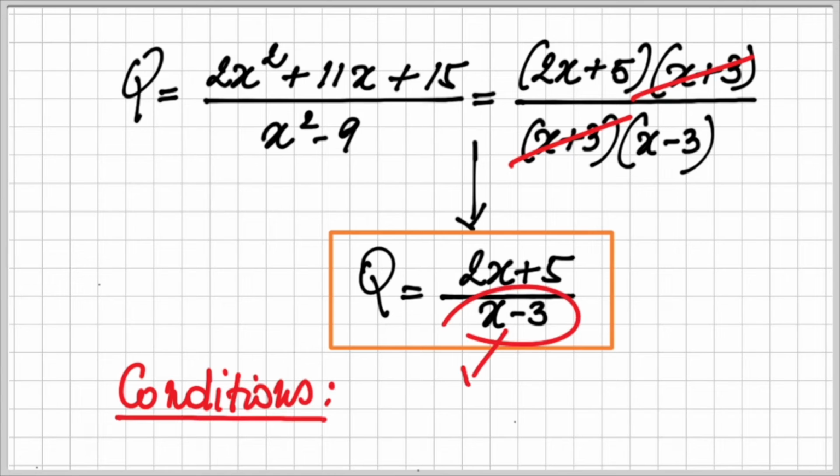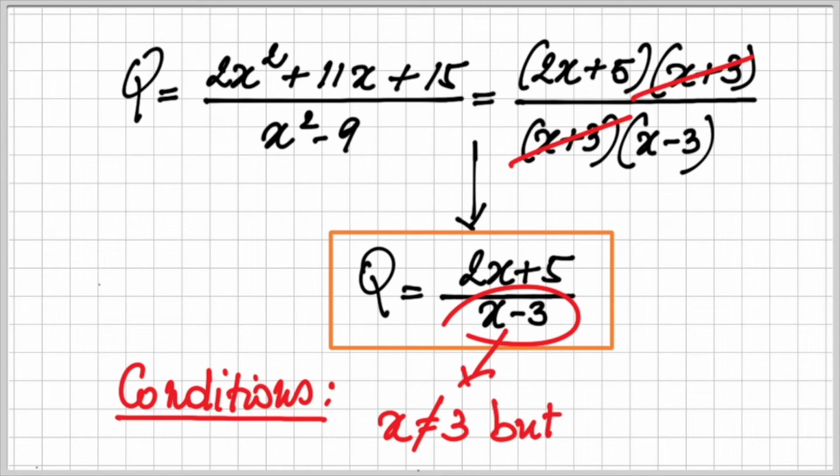Now we have to look at the conditions, and when we look at the condition here, we see that x minus 3, that's the only expression in the denominator, cannot be equal to 0, so we have to say that x cannot be equal to 3.